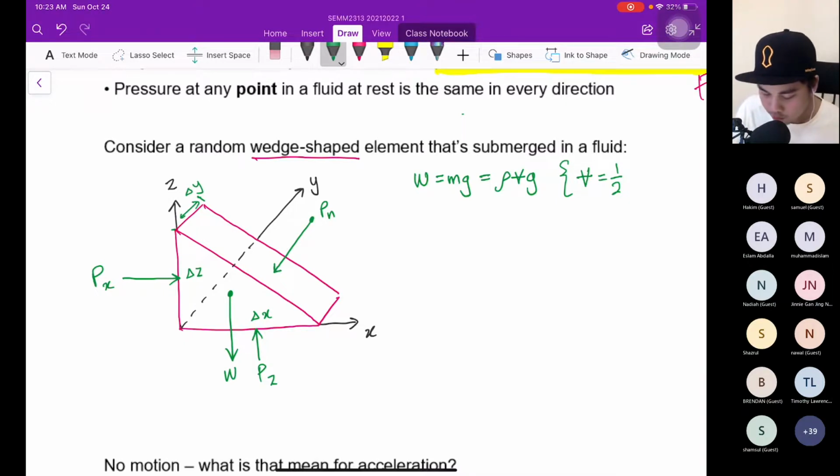So the volume is definitely half delta z, delta x, delta y.